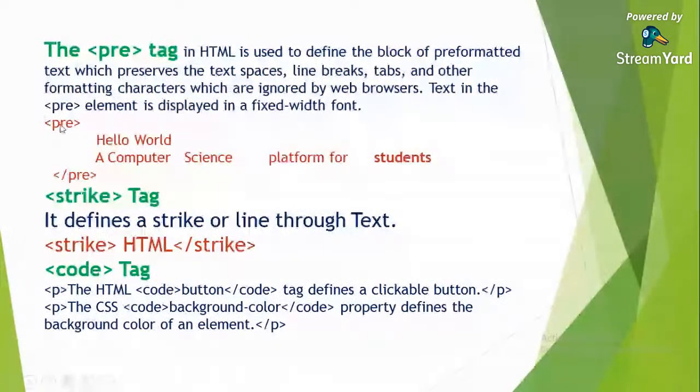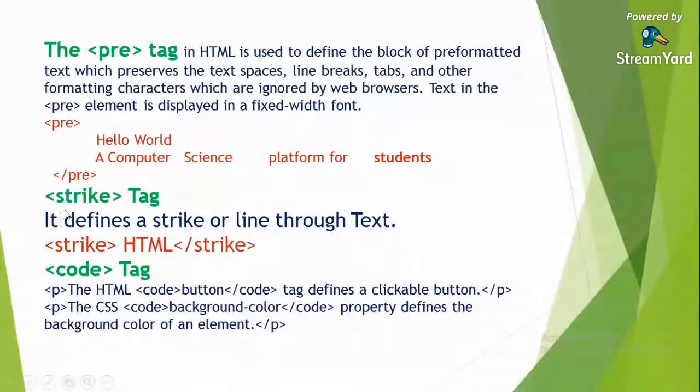But if we do not use this pre tag, so what will happen? The content, whatever we have written inside this, for example multiple spaces we can see here, will be ignored. That will simply be removed by the web browser when we do not use the pre tag.